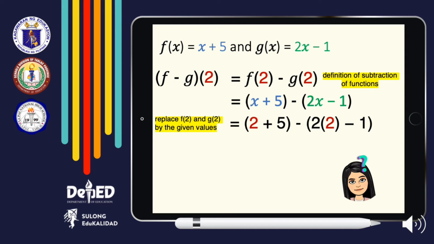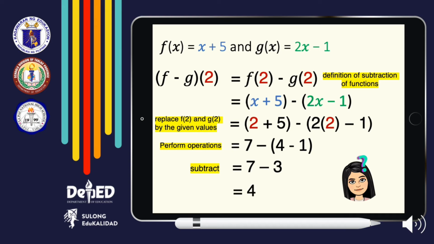So, what is our x again? 2. So, 2 + 5 minus (2 times 2 minus 1). Now, let's perform operations. So 2 + 5 is 7 minus, what's inside the parenthesis? 2 times 2 is 4, minus 1 is 3. Now let's subtract 7 - 3. And the answer is 4. So (f - g)(2) is equal to 4.